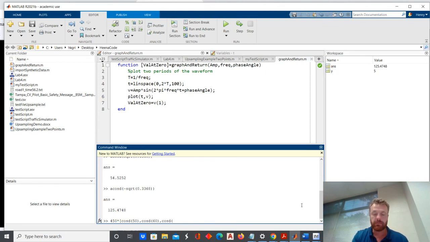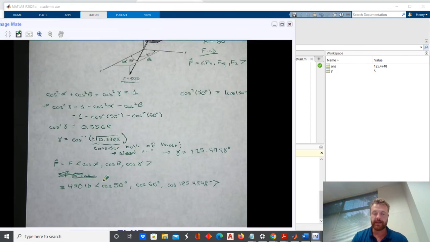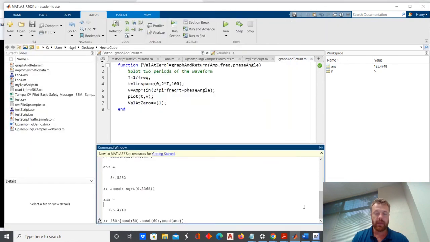Same thing for the y component, but using the y coordinate direction angle. And for the z component, I'm going to use that value that I just calculated. That's exactly what I'm typing into my calculator. If I execute that and round to three significant figures, I will get an x component of 289 pounds, a y component of 225 pounds, and a z component of minus 261 pounds.